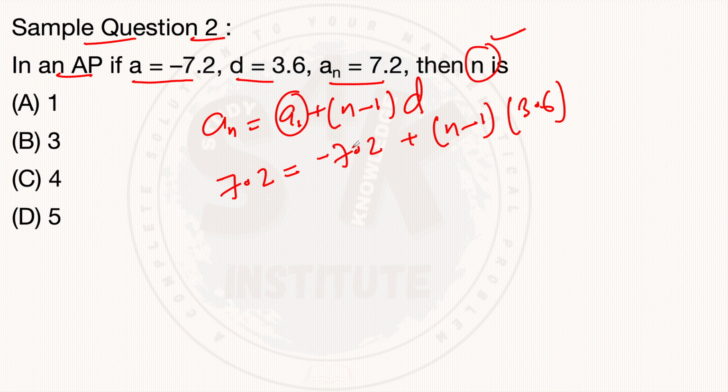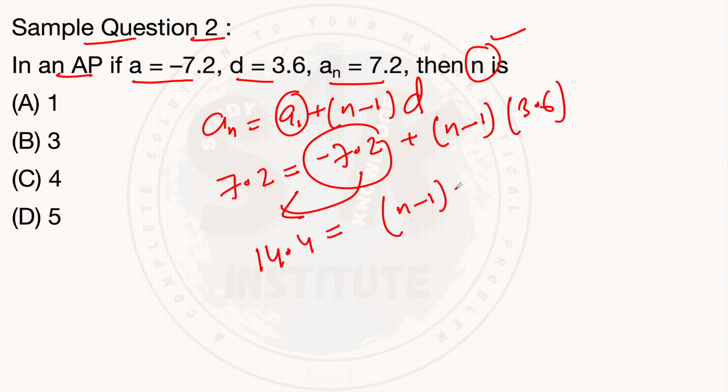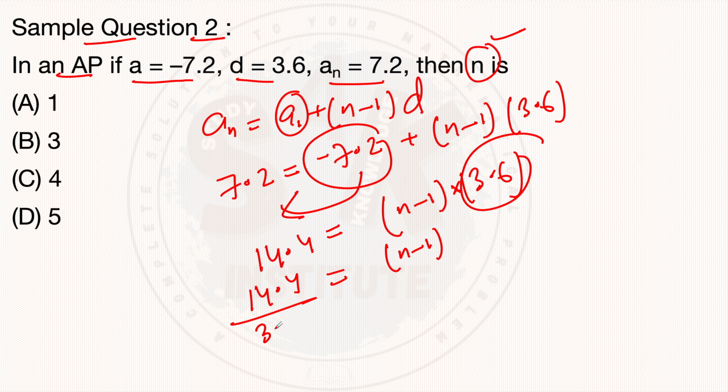Okay, so if you transfer this negative 7.2 to this side, that will make it 14.4, right? n minus 1, 3.6. So if you see, these two are in multiplication, so you can divide this to the other side. You can have n minus 1 equals 14.4 over 3.6, right? So the decimal gets cancelled, and this will be, I think, 4 times here. So the n minus 1 value you got is 4. So n value will be 4.